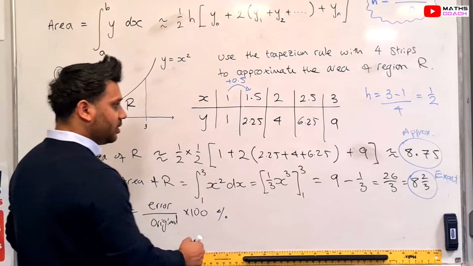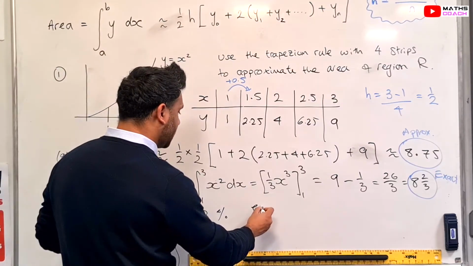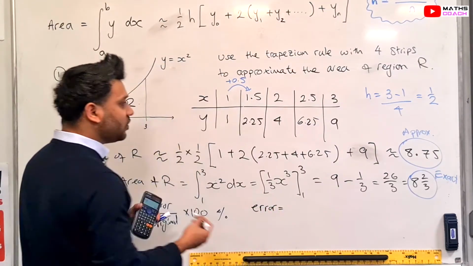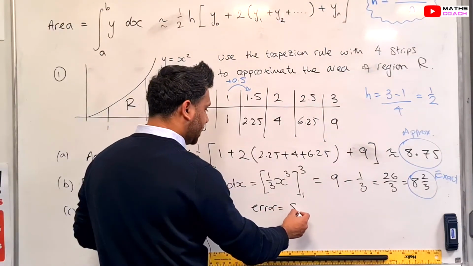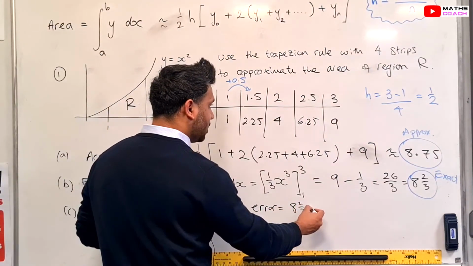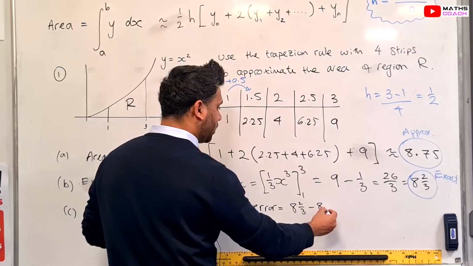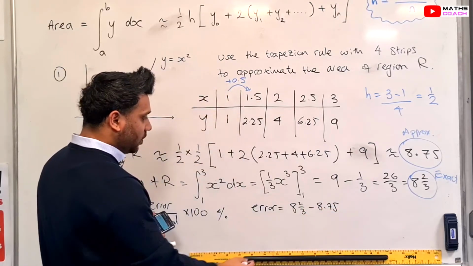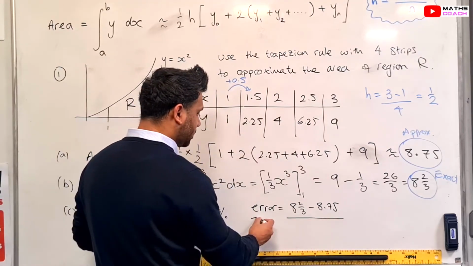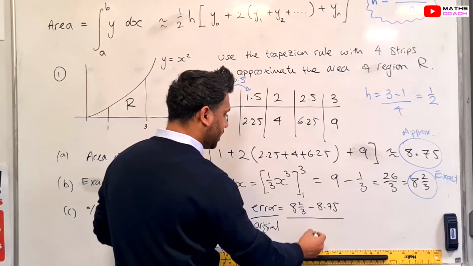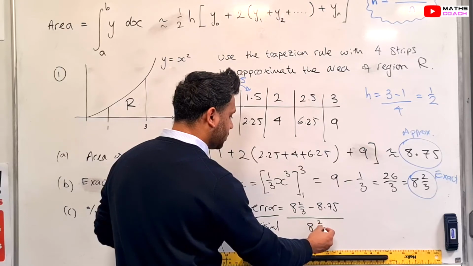So in our calculation, the error is basically the difference between the actual value and the approximation. So that's 8 and 2/3 minus 8.75. We then have to divide this by the original, and the original is again 8 2/3.